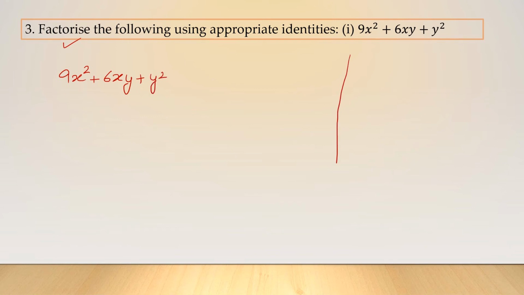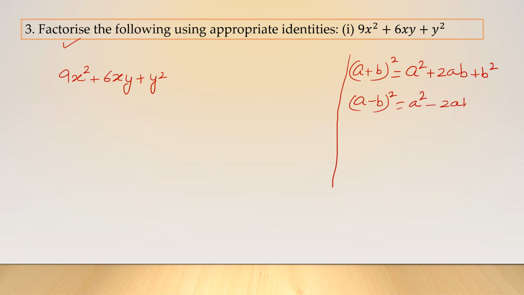In rough work, for the time being, I am writing the first three identities: (a plus b) whole square is a square plus 2ab plus b square. Second, (a minus b) whole square is a square minus 2ab plus b square. And the third one is (a plus b)(a minus b), which is equal to a square minus b square. Right?